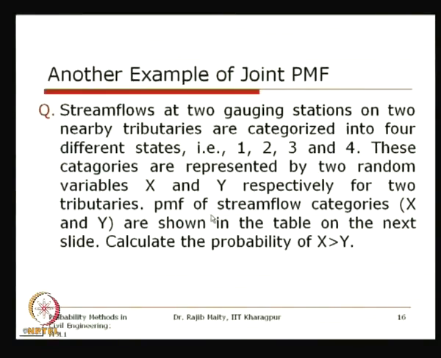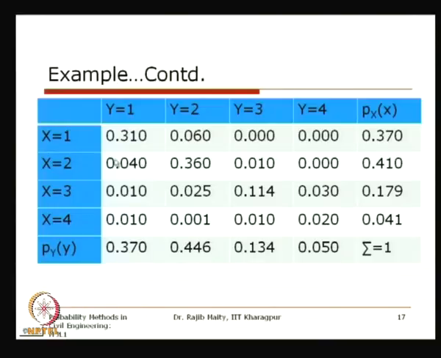First of all, we will see the PMF here. You can see that when X equals 1, Y equals 1, it is 0.31, and when X equals 1, Y equals 2, it is 0.06. One thing you can observe is that as these streams are adjoining, nearby to each other, it is highly possible that both states are equal, and that is reflected through this heavy diagonal.